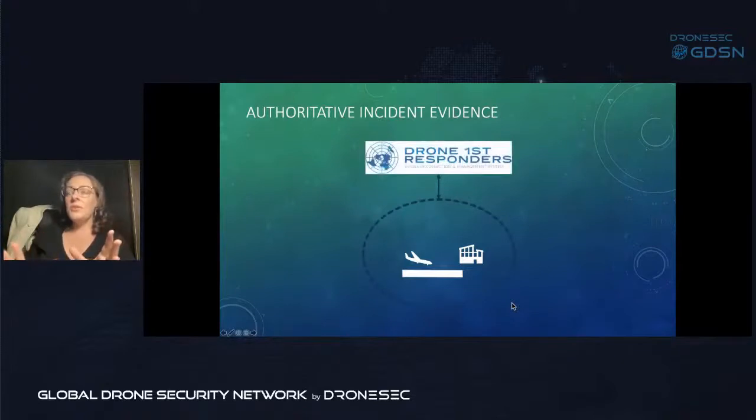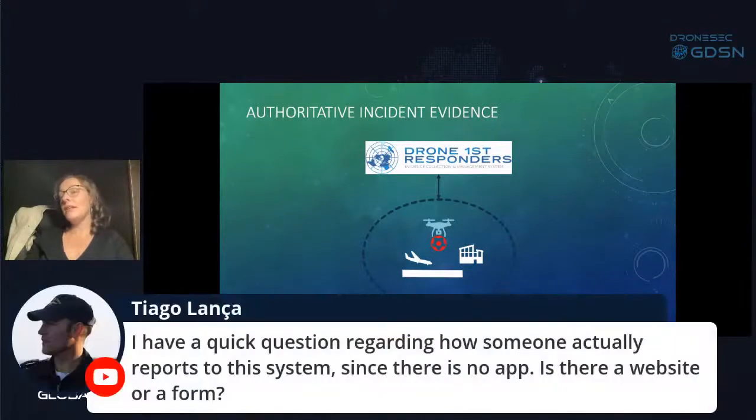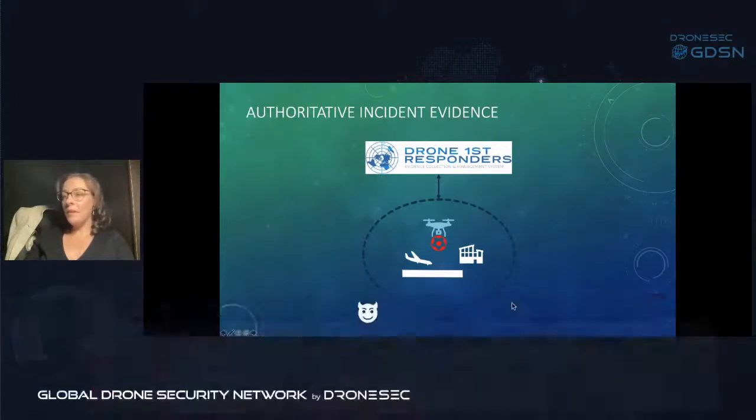Our drone first responders will have the area of interest in the system, as with the drone detectives. We have a drone flying in the airspace of the airport. However, this time it has malicious intent. It's carrying a bomb.